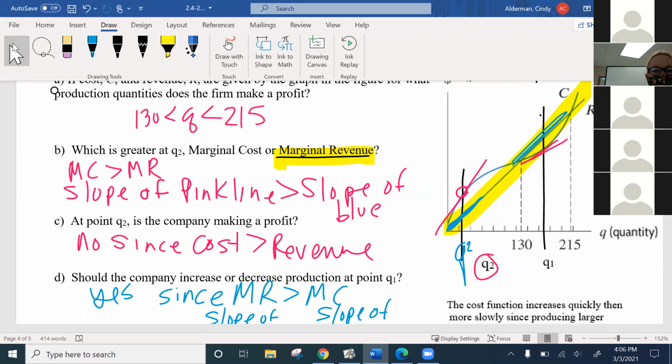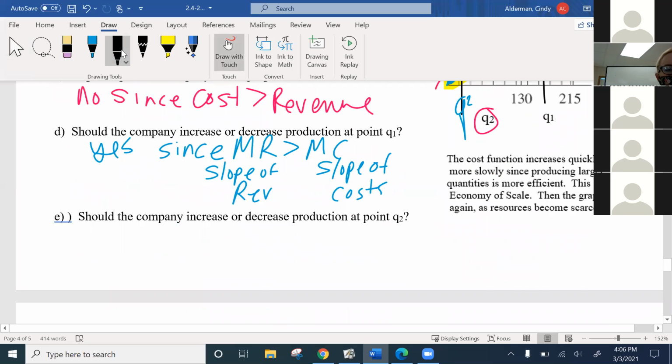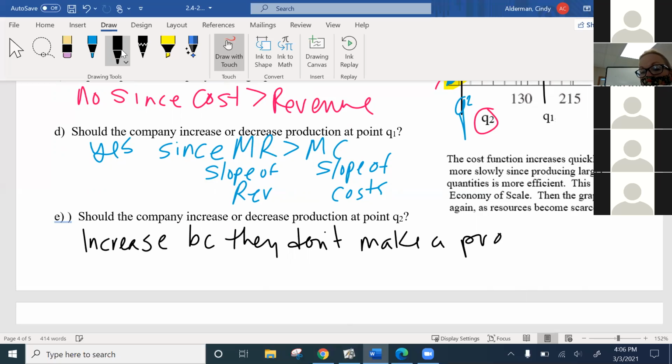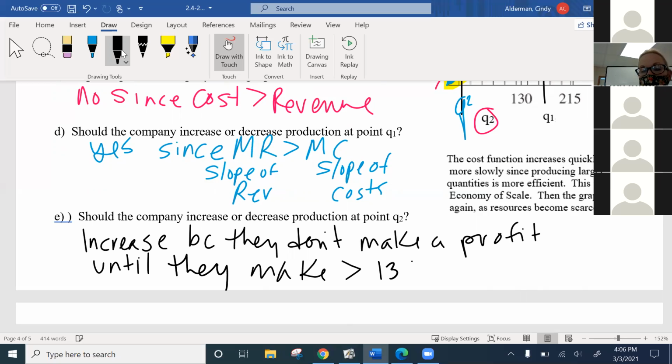They don't have a choice. So until they make more than 130. And that Q2 point is less than 130.